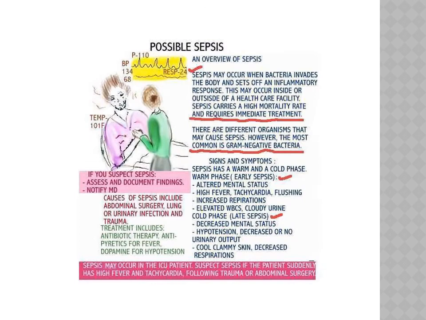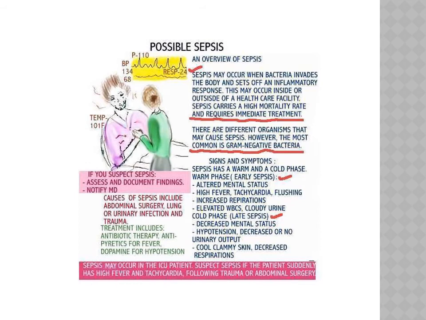So this diagram here would be that overview of sepsis, and this is that bacterial invasion that crosses into the bloodstream. Septic patients will have different stages, so there may be varying signs and symptoms, but the patients may have altered mental status, a fever, tachycardia, increased respiratory rate, and really the difference here would be the increased white blood cells.